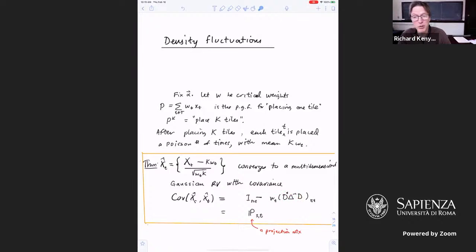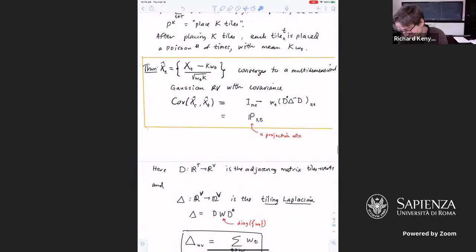Because it involves a certain Laplacian operator, which we call the tiling Laplacian. So let me explain what these three things are: D, Laplacian, and D star, Laplacian inverse. Here D is just the adjacency matrix between tiles and vertices. So D_{TV} is 1 if the vertex is in the tile and 0 else.